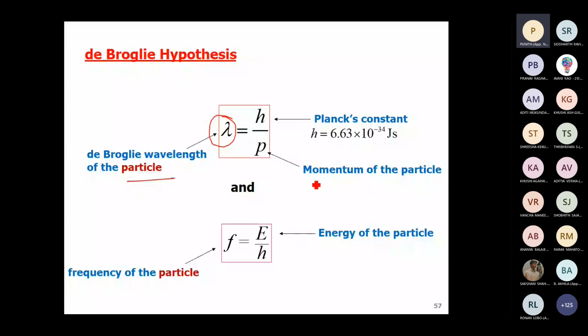We have seen E is equal to hf, that is the quantum. For a photon, one particle means one hf, two particles means two hf, and so on. So the energy quantum, f is equal to E by h. This concept of matter waves was put forward by de Broglie in the early 1920s.